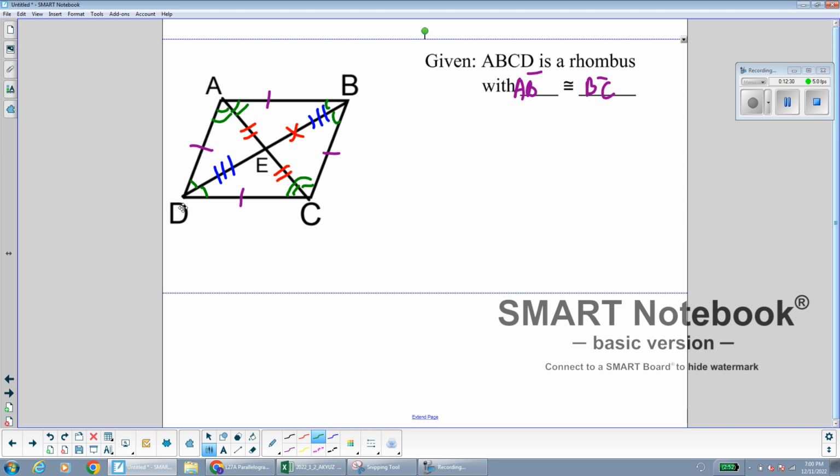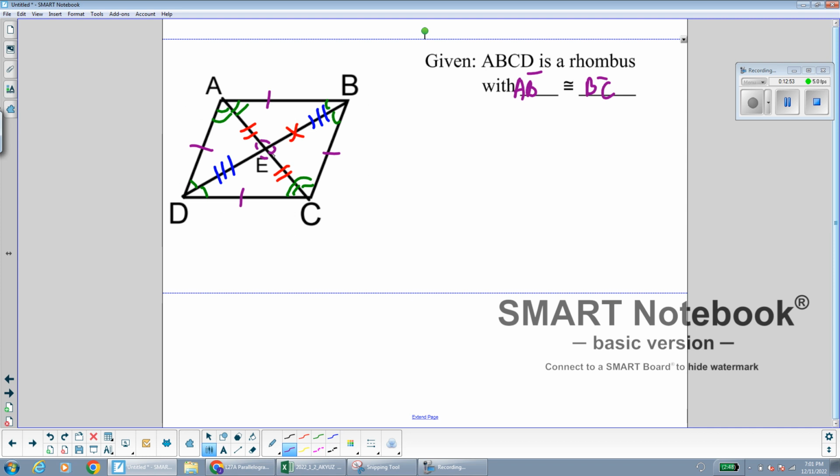Also, we can use CPCTC to say this angle and this angle are congruent, and this angle and this angle are congruent. But if these are congruent angles and they're also supplementary to each other, then they have no choice but to be 90 and 90 to make 180.